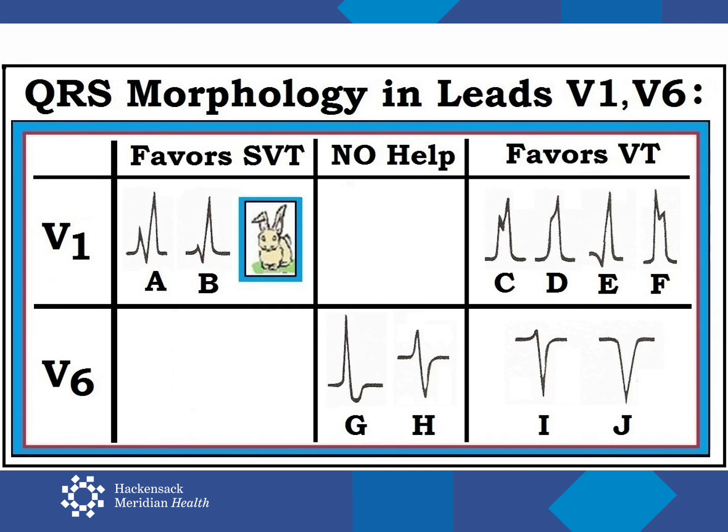There are certain morphologies which can help us sort out VT from SVT. For example, an abnormal rabbit ear configuration, that is, an atypical nature of the bundle branch block configuration, may favor diagnosis of ventricular tachycardia. Notice in the upper right panel that the abnormal rabbit ears are suggestive of VT, especially when the first R is higher than the R prime.